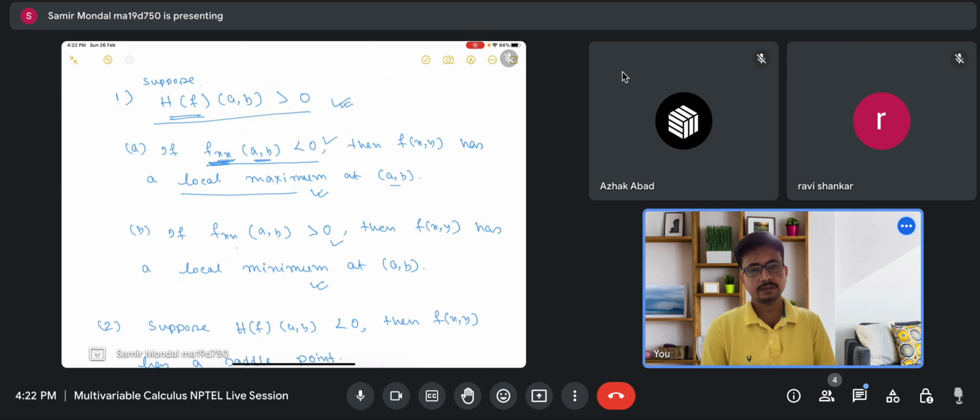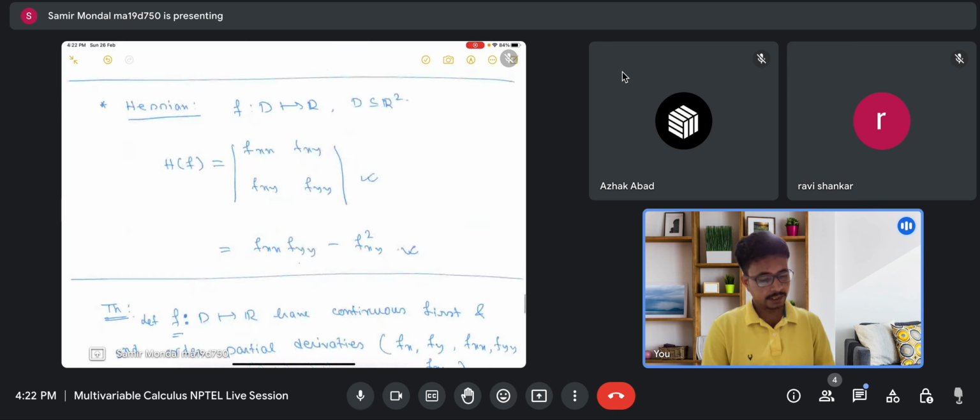So we can check when the Hessian is strictly greater than 0. Suppose this quantity is always positive, at least greater or equal to 0, maybe 0 also.